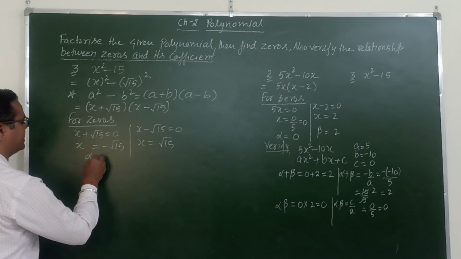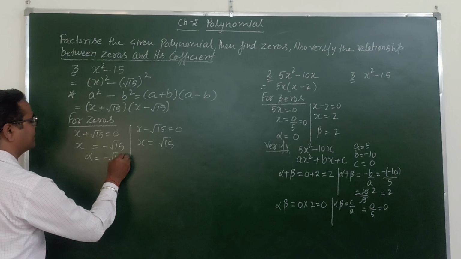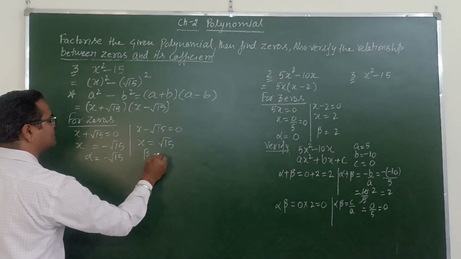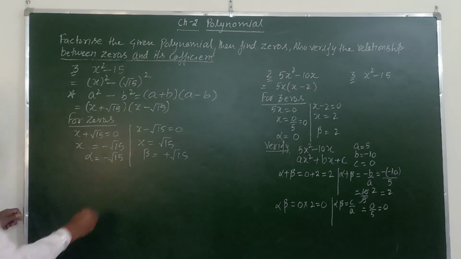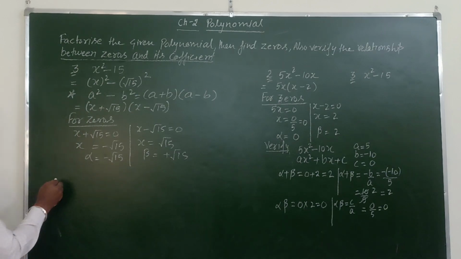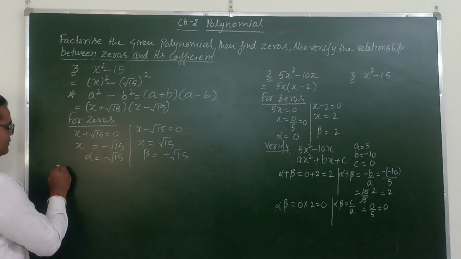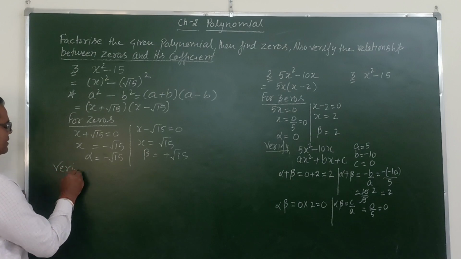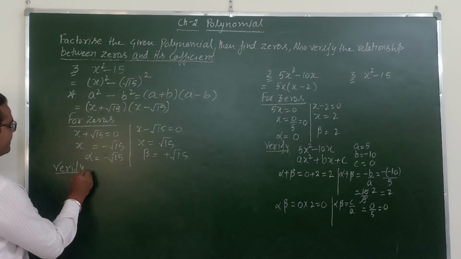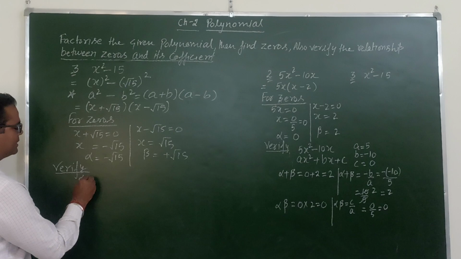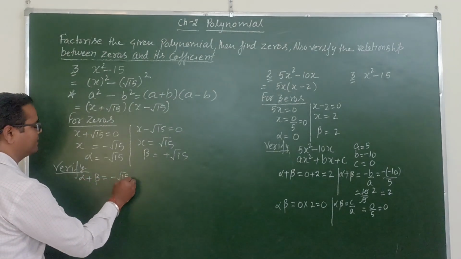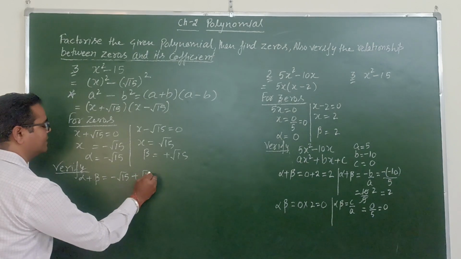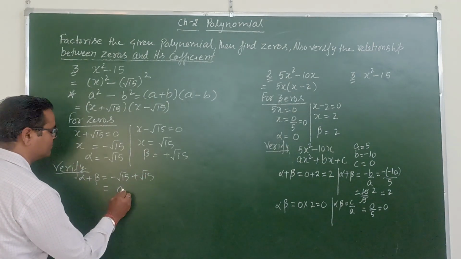So alpha is minus root 15 and beta is positive root 15. Now for sum of zeros, verify. Alpha plus beta is minus root 15 plus root 15, that is equal to 0.